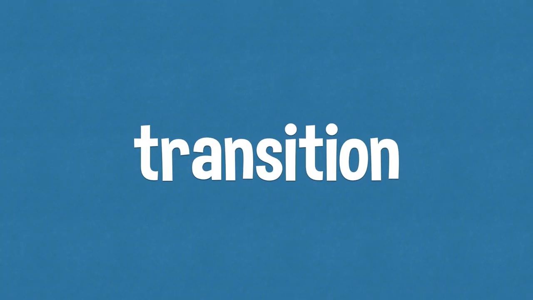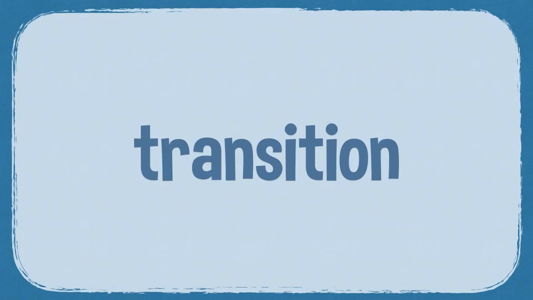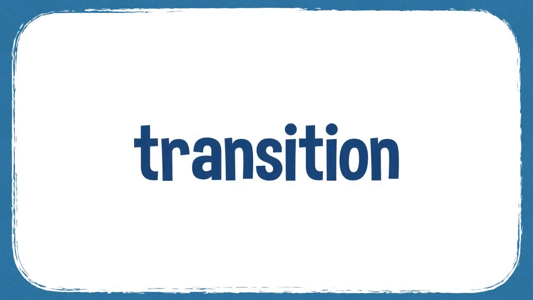Our next word is transition. Transition. A transition is the process where something changes from one state into another. So something changes. And the word transition has the prefix trans. Trans means between or across.